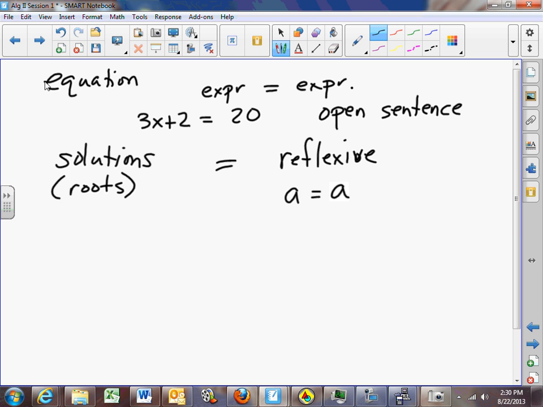The second property of equality is called the symmetric property of equality, and it's a conditional statement.